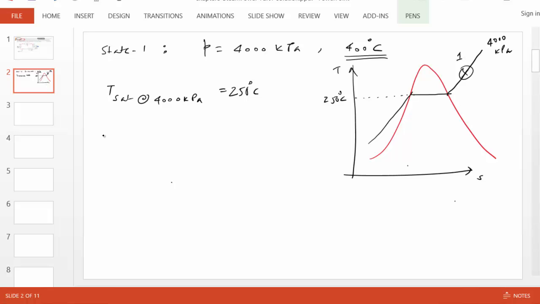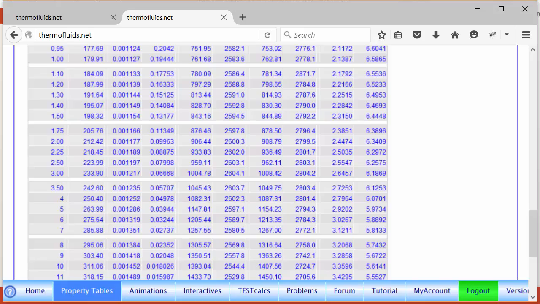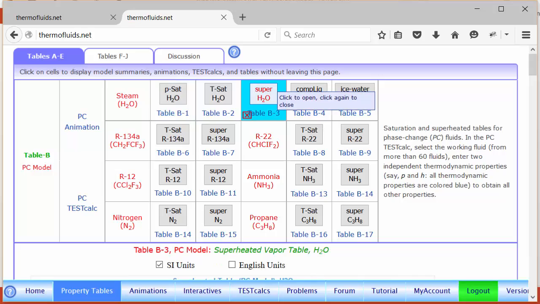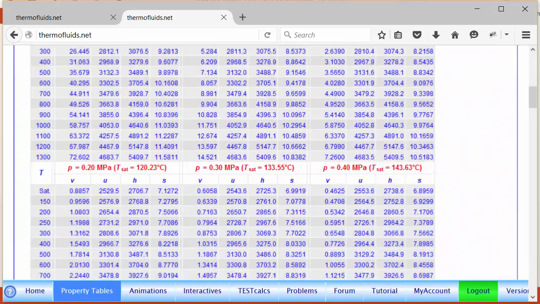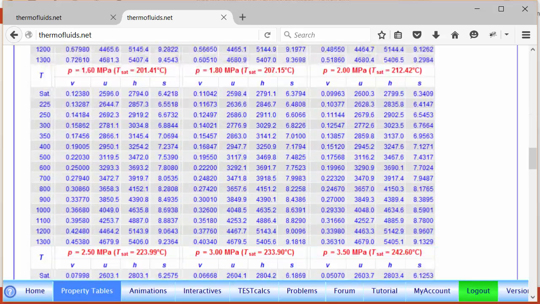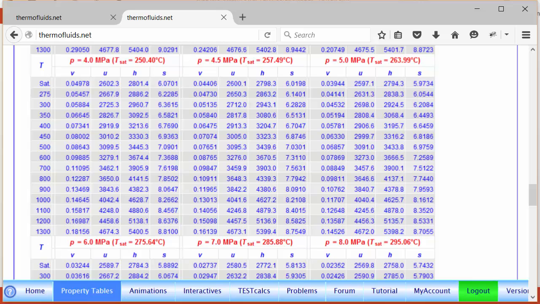So how do we find, say, enthalpy at 1? We now go to the superheated table of H2O. This is the superheated table. Find the 4 MPa table. 4 MPa is somewhere here, 1 MPa, 2.5, 4 MPa, and 400 degrees Celsius is here.